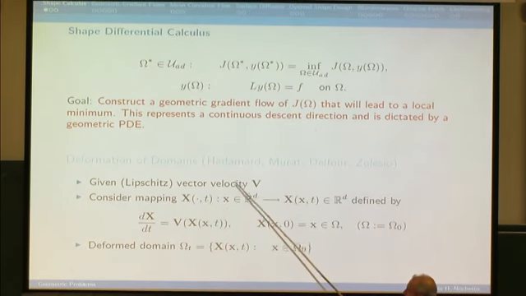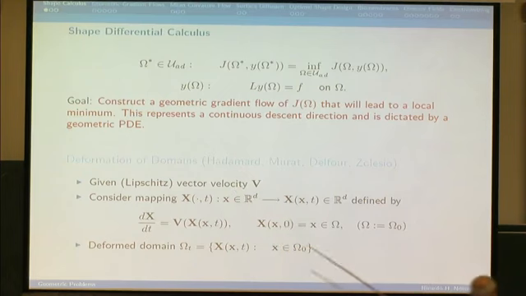So imagine that you have a domain, okay? In this domain you have a vector field, V, that depends on x. You have a point x, and then you define, let's say this is a vector, initial condition equal to x, okay?